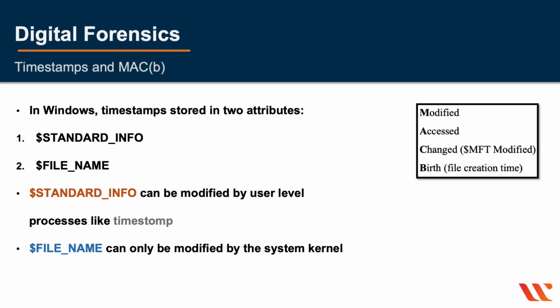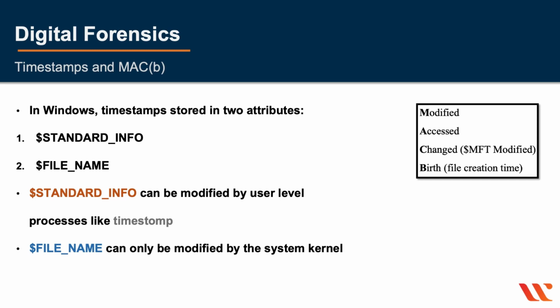Now, the file name attribute contains the forensic information and can only be modified by the system kernel. So users can actually change the standard info timestamps and the information that's there, but the file name attribute is the one that's actually more relevant for forensics, and that can't be altered.